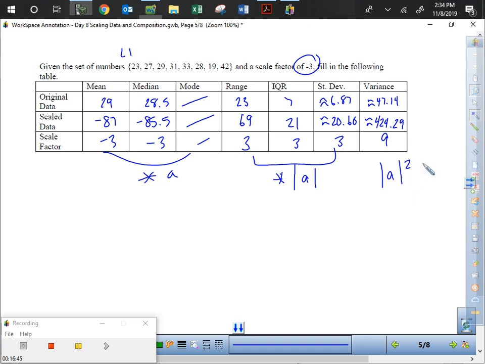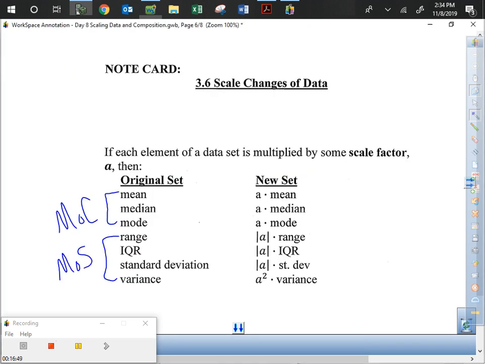So what we're going to do here is make a note card to generalize this. If you want, you can just put this on the back of your 3-3 where we generalized what translations do. Call this one 3.6. It says if each element of a data set is multiplied by a scale factor A, then the original mean, median, mode are going to go to A times that, just multiplied by A. And again, if you want to shortcut that, you can just say times A once.